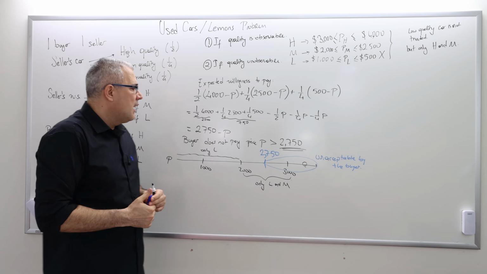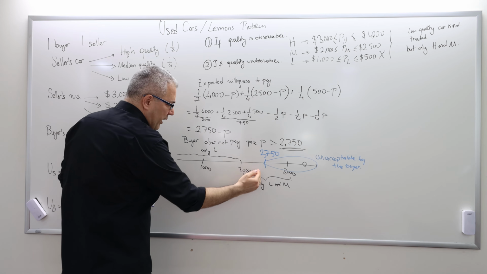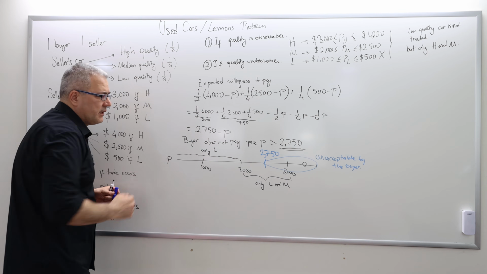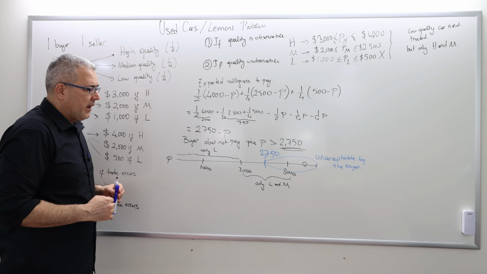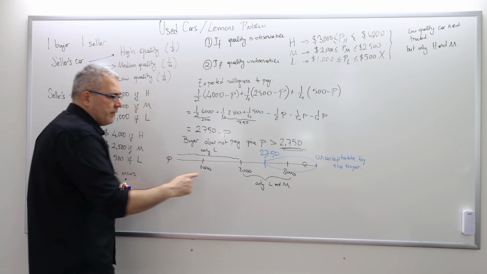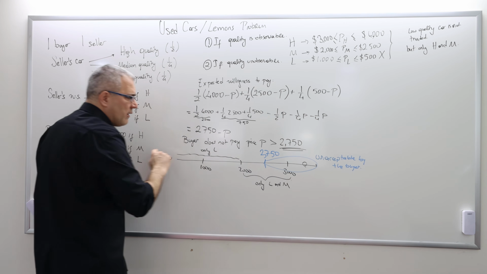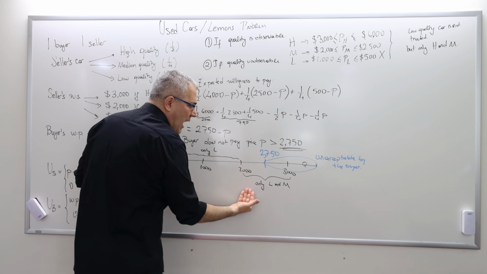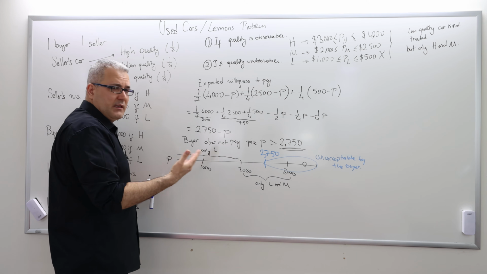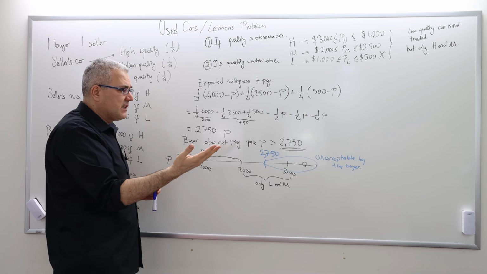All right. Well, then the problem is the market price has to be lower than $2,750. But the problem is, if the price must be lower than $2,750, well, we know that the high type car owner, the seller, will actually not be selling his car.